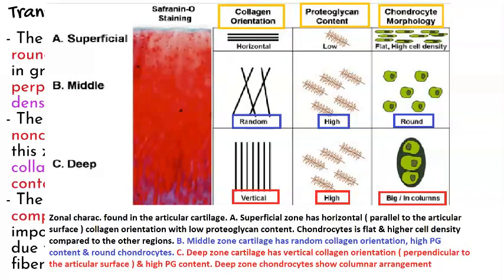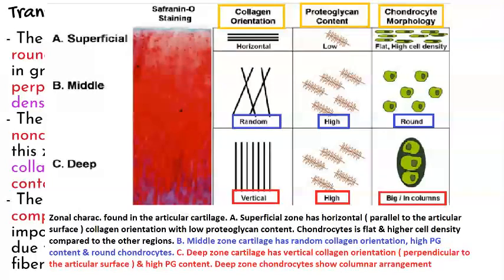This is the most important figure of all the other pictures. This shows the zonal characteristics found in the articular cartilage. The superficial zone has a horizontal, that means parallel to the articular surface, collagen orientation with low proteoglycan content.